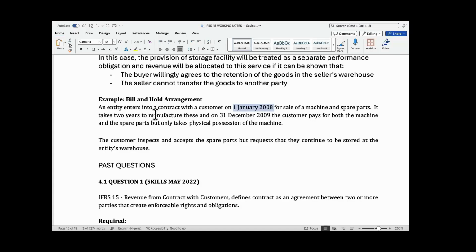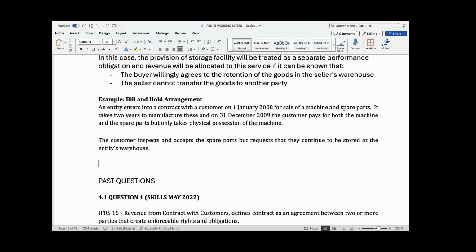It takes 2 years to manufacture these, and on 31st December 2009, the customer pays for both the machine and the spare parts, but only takes physical possession of the machine. The customer inspects and accepts the spare parts, but requests that they continue to be stored at the entity's warehouse.